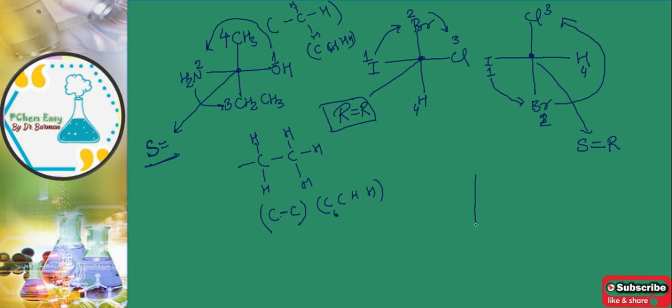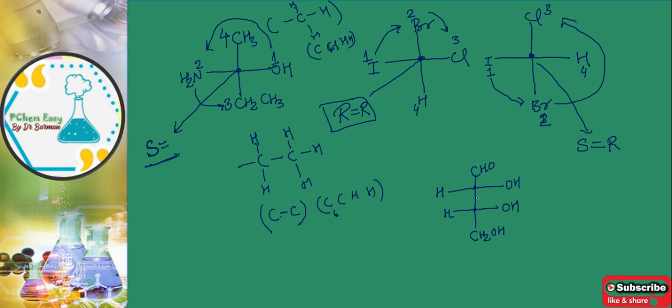Here CHO, H, OH, H, OH, CH2OH. 4 carbon. This is the structure of sugar, you can say, having 4 carbons. So out of these 4 carbons, these two are chiral carbons.